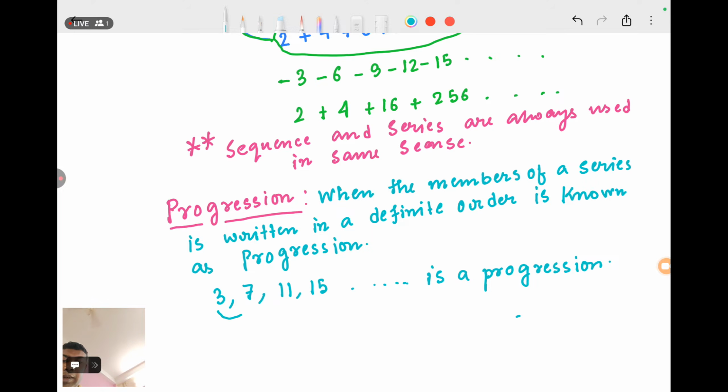Because you can see that the difference between 3 and 7 is 4, and then the difference between 7 and 11 is 4, and then the difference between 11 and 15 is also 4. Since it is written in a definite order, since the difference between the terms is 4, therefore the series is written in a definite order.